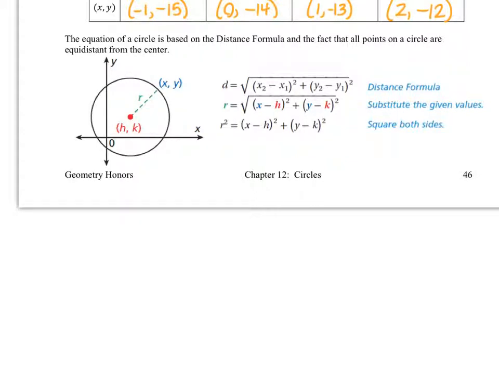If we plug into the distance formula using the points h, k and x, y, and square both sides, we end up with r squared, the radius squared, equal to x minus h squared plus y minus k squared.